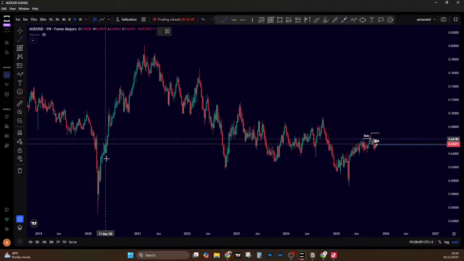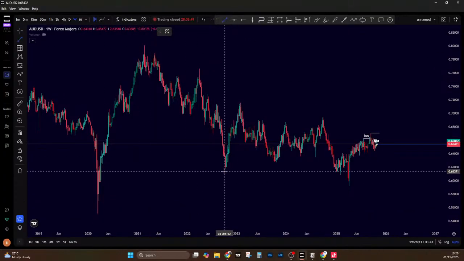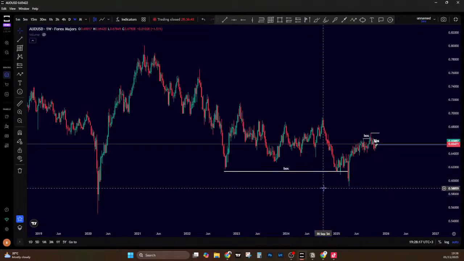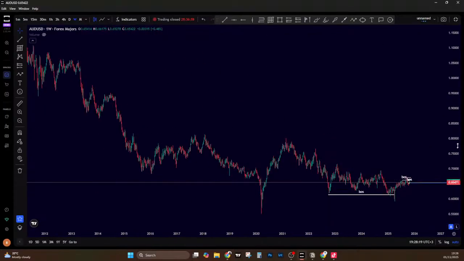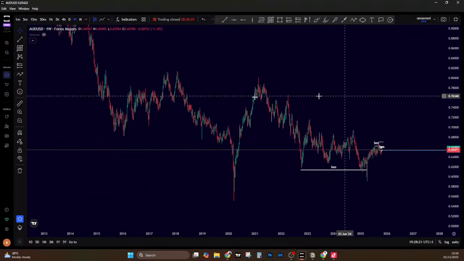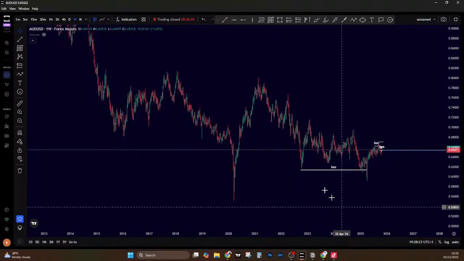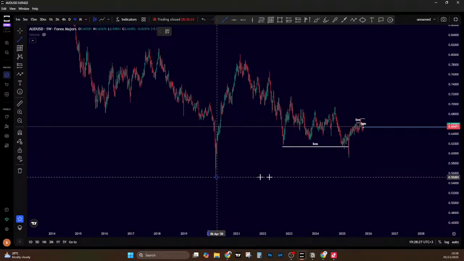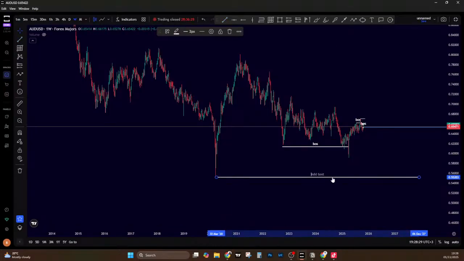But look at this, we had a break of market structure here. We had a BOS there, and there's another BOS here. So we are looking at taking out this one.